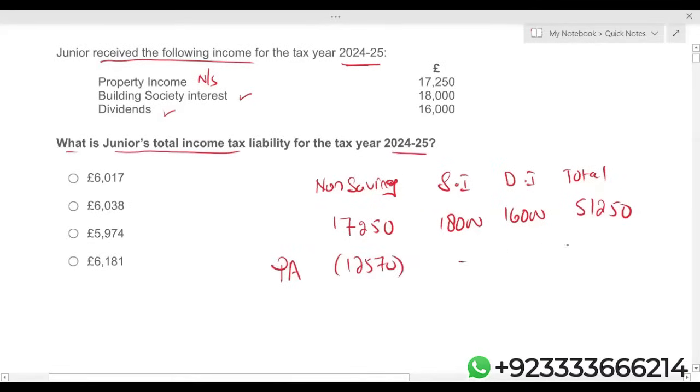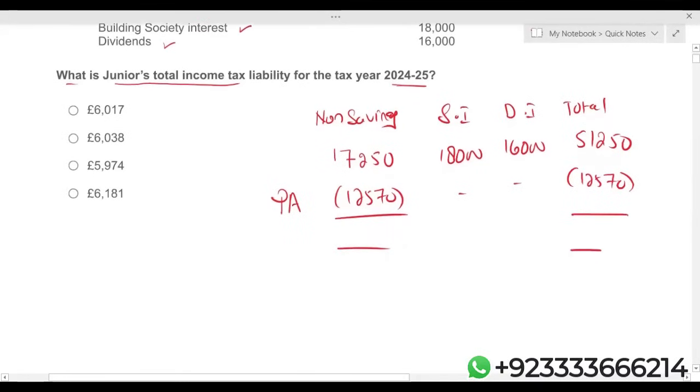12,570. After deducting this 12,570, you will get taxable income. 17,250 minus 12,570, I'm getting 4,680.